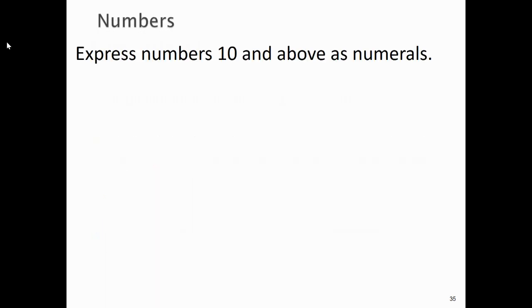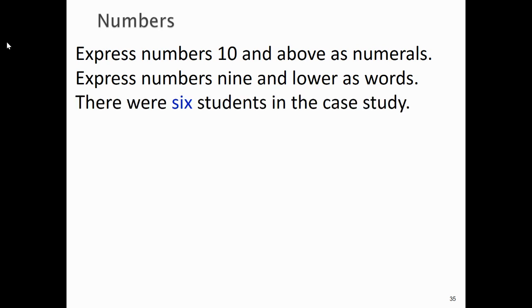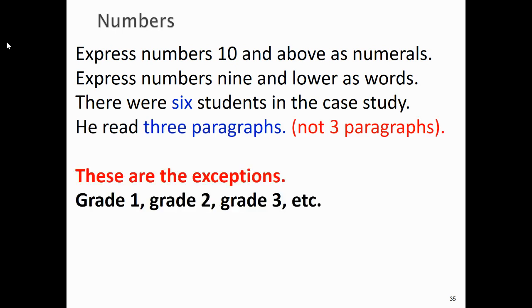Numbers. This is important. Any number that's above 10, you just write out the number. Anything below 10, you're going to write out the word for that number. And of course, there are exceptions to every rule.